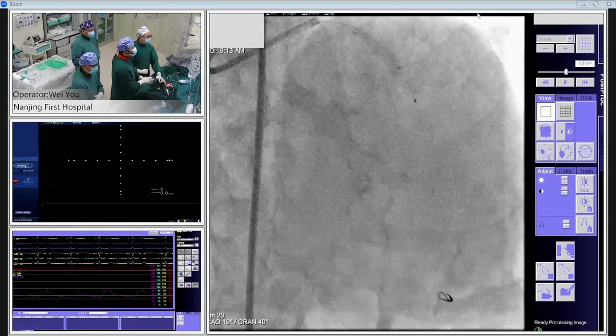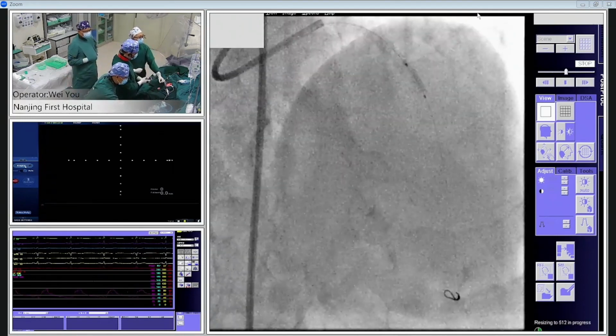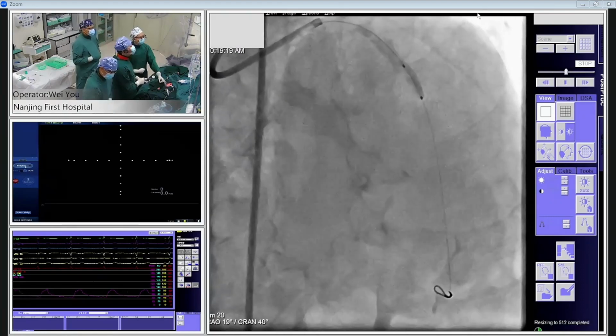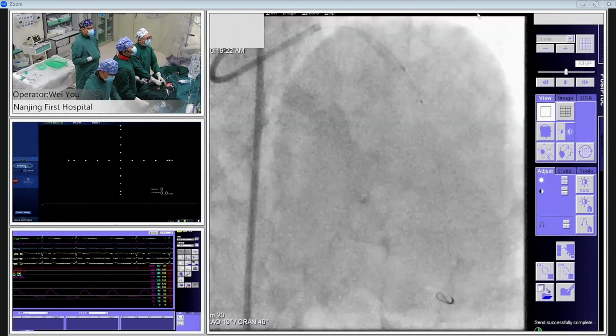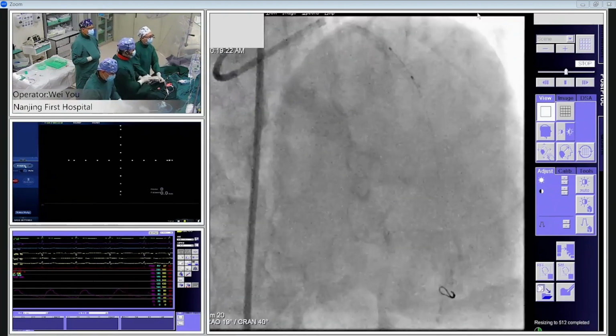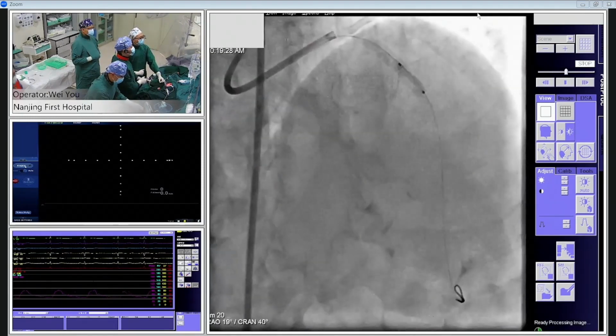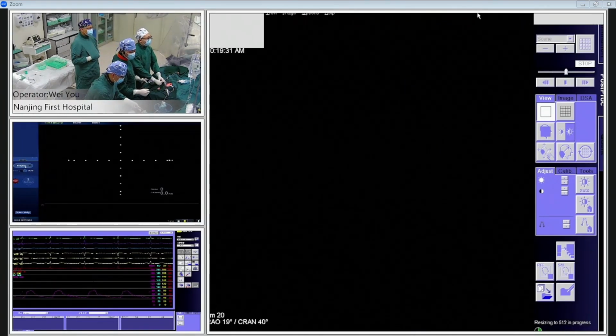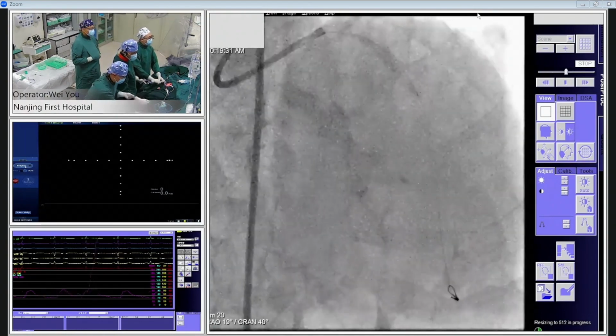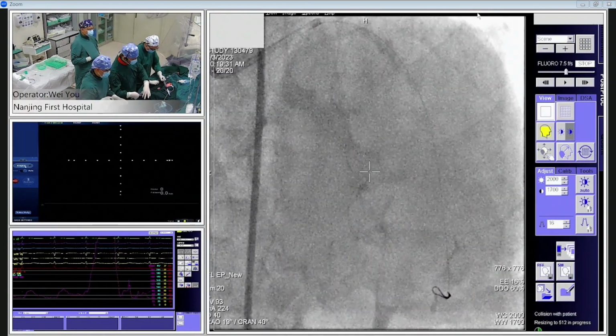Go, 12. Okay. Go, 12. Okay, I'll give some nitro to check IVUS again.